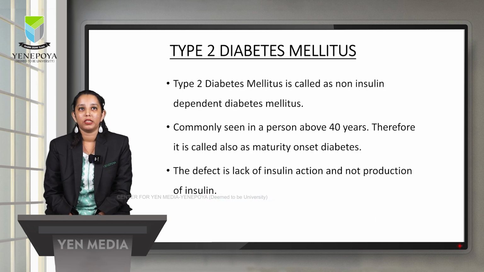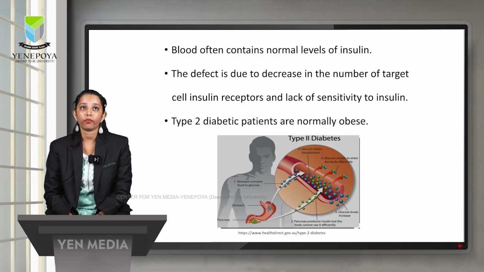So type 2 diabetes mellitus, it's called as non-insulin dependent diabetes mellitus, commonly seen in persons above 40 years. Therefore, it is called as maturity onset diabetes mellitus. The defect is lack of insulin action, not production of insulin. So here what happens is there is decrease in the number of target cell insulin receptors.